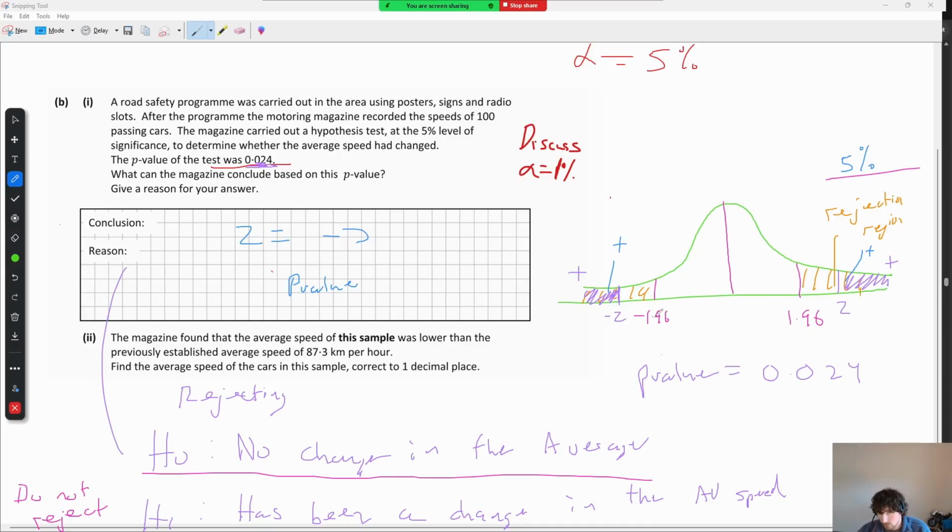Now, the reason I have discussed alpha equals 1%, we're going to talk about the p-value here again. So, at the 5% level of significance, that p-value meant that H0 got rejected. If we were doing the 1% level of significance, this wouldn't be the rejection region in orange. The rejection region would actually be much, much smaller if it was the 1%. Okay, let me see, can I draw a decent diagram of this?